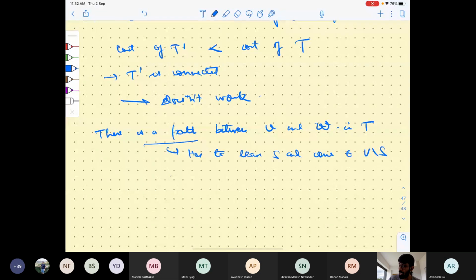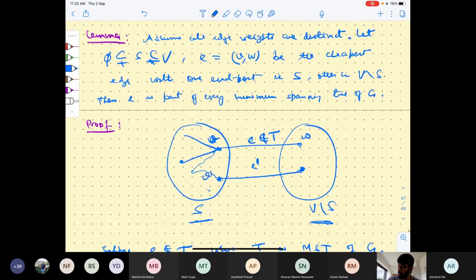So let the last vertex in S be V prime and the first vertex in V minus S be W prime. Okay, so let's look here. Let's call it V prime and let's call it W prime. Again, the path can go somewhere and reach W.